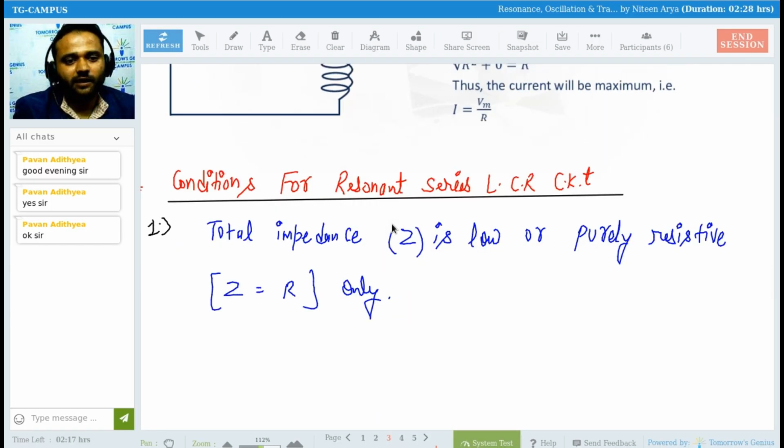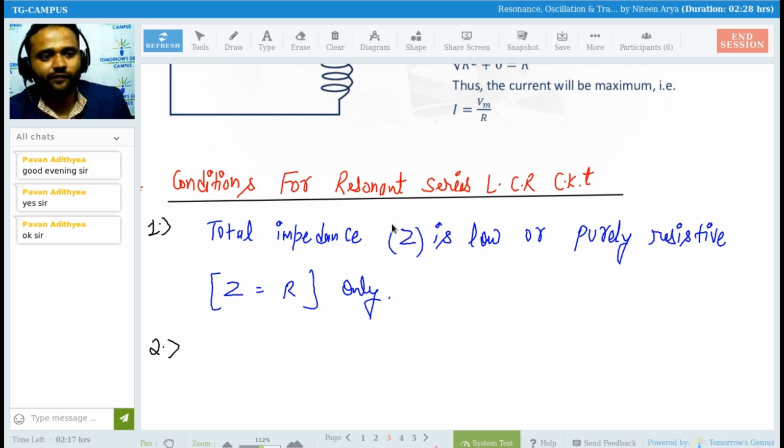What is the second condition? You know all the conditions; I'm just rewriting them in sentences.